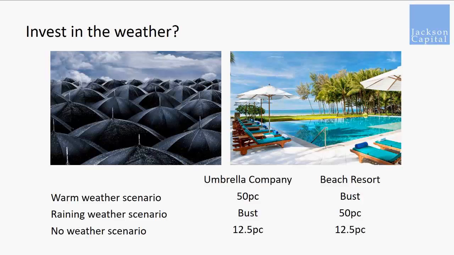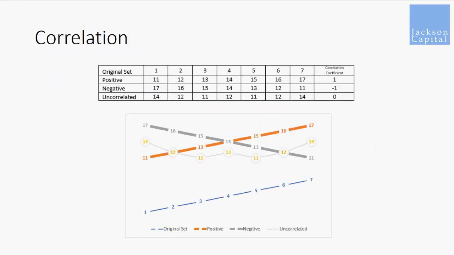The key to this is to diversify in uncorrelated investments. Let's explain that a little bit further. Correlation is a statistic that measures the degree to which an asset moves in relation to another. This measurement is calculated as a correlation coefficient, and it ranges between 1 and -1. 1 means it's positively correlated, 0 means it's uncorrelated, and -1 means it's negatively correlated.